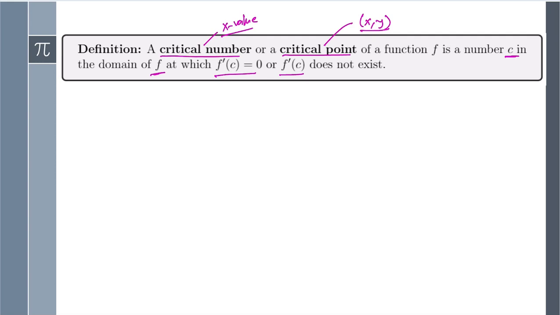So critical numbers are the candidates for maximum and minimum. Basically, a critical number is a number in the domain of the function where the derivative is zero or the derivative does not exist, those two things. Those x values are the critical numbers, and if we find the corresponding y value, then that becomes a critical point.